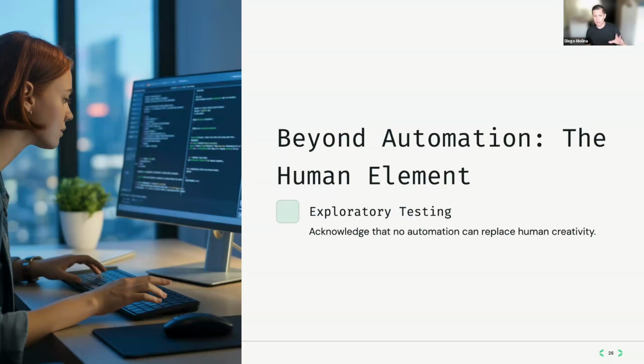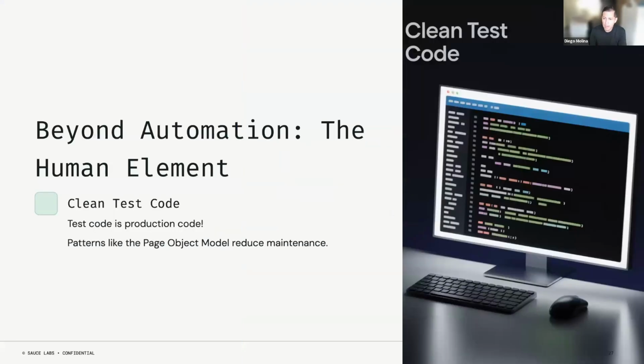So I think that this part, I wish it was more connected to the automation world than what we currently see. So on top of the pyramid, please always have some good exploratory testing, and as well some clean test code.